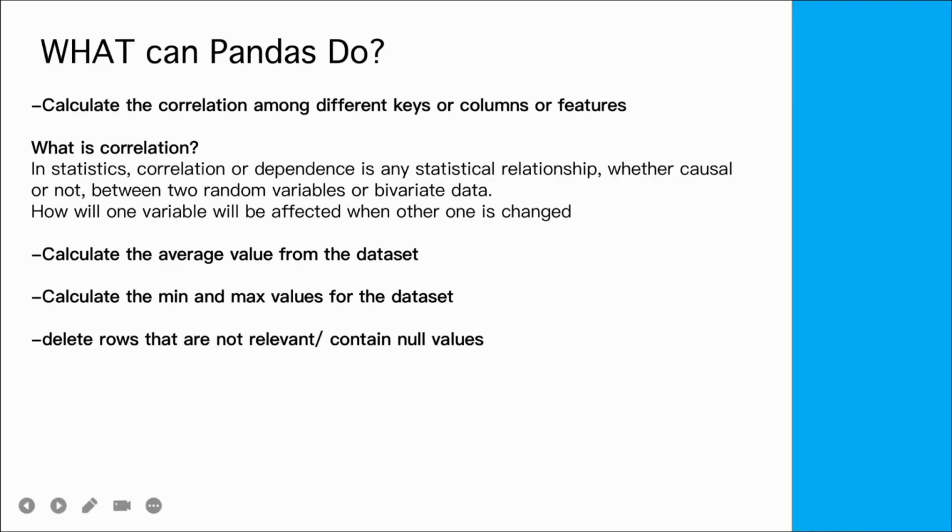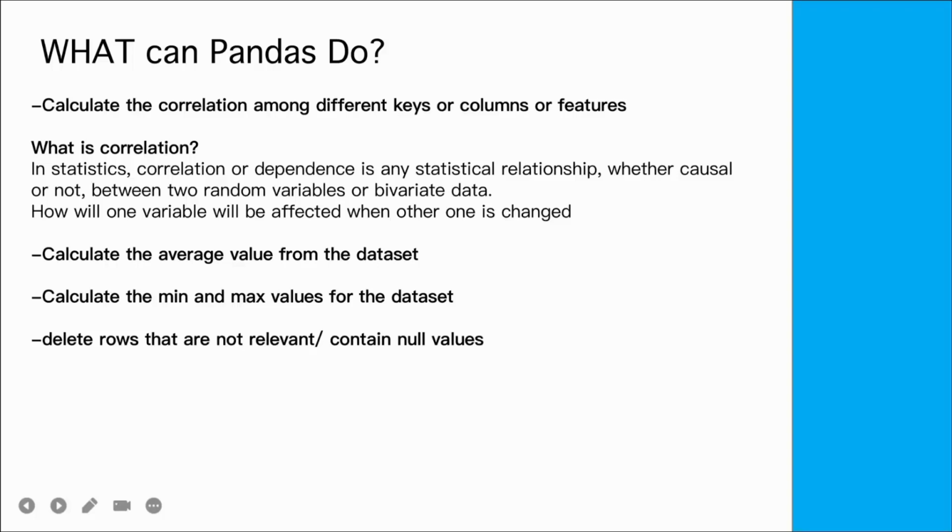Now let's move on to our next topic, that is, what else can pandas do? What are some additional functionalities offered by pandas? The first one is calculation of correlation among different keys or columns of features. What is correlation? In statistics, correlation or dependence is any statistical relationship, whether causal or not, between two random variables or bivariate data.